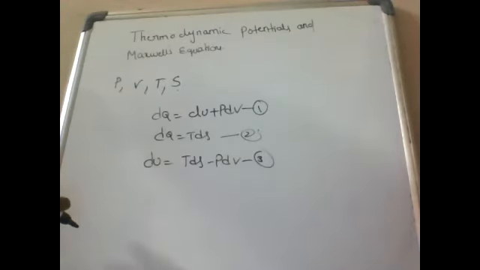For the complete description of the system, certain other relations are required. For this purpose, we use certain energy terms, or functions of the variables P, V, T and S, pressure, volume, temperature and entropy, which are known as thermodynamic potentials.